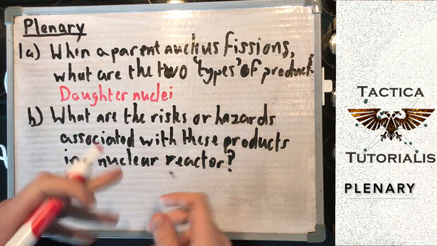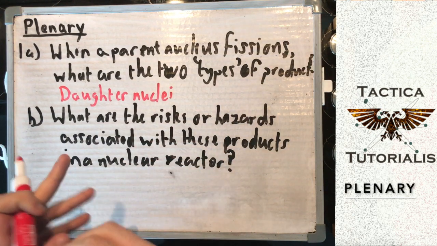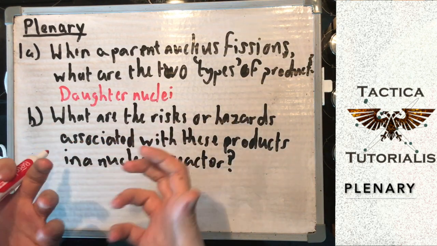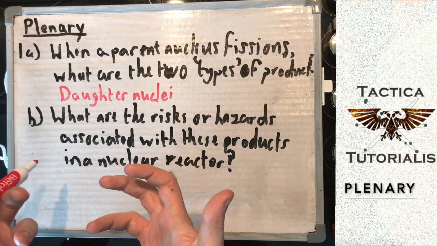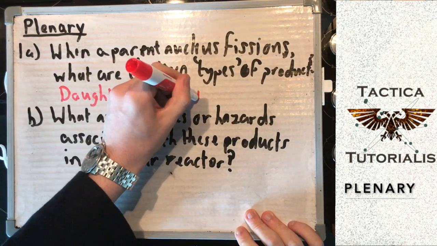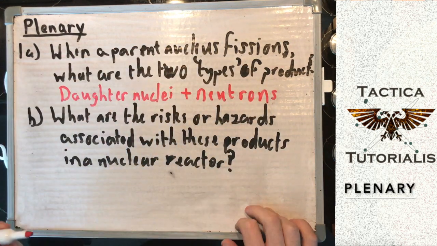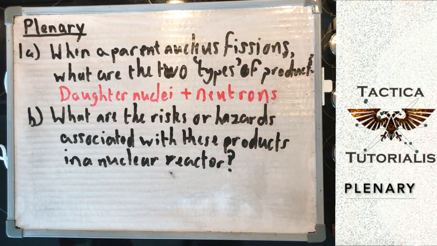So if you remember back to the earlier question, we had that uranium nucleus that fissioned, and it created two nuclei. I think it was krypton and barium, as I remember. And the second type of product was the neutrons. And we've talked a lot about the effect of those neutrons throughout the lesson when it comes to things like chain reactions, control rods. There's plenty going on there.